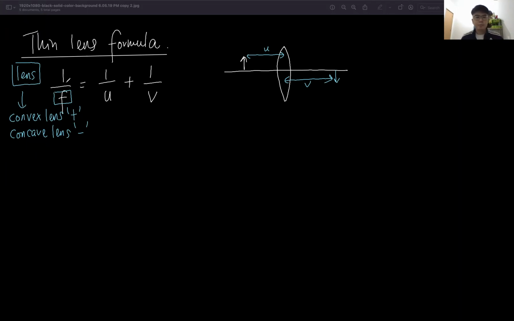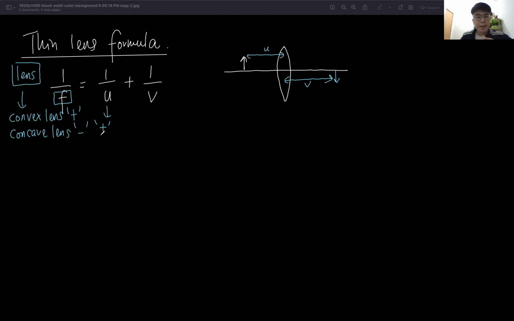For U, now, U actually is the easiest because it's always positive. Object is always positive. Is it possible to have a negative U? Actually, yes, but very rarely they will ask.